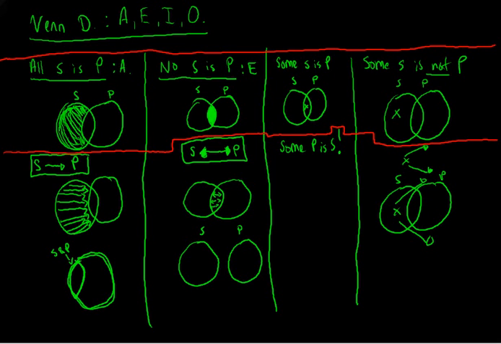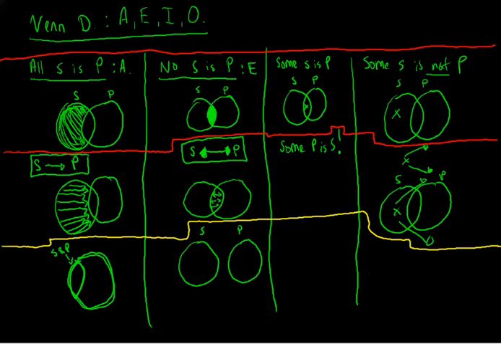Let's find another color. Let's go with yellow. So everything in the yellow column here actually conveys something a little different. Everything in the yellow area actually conveys distribution and how the propositions distribute.